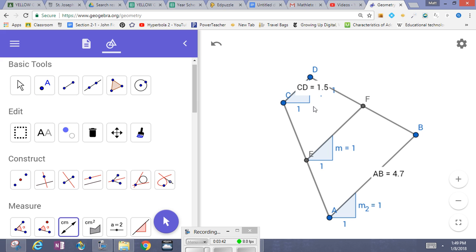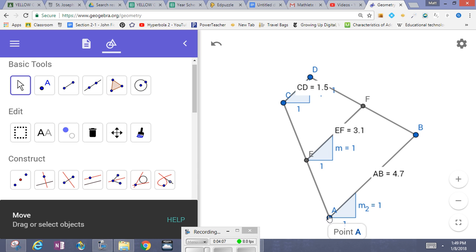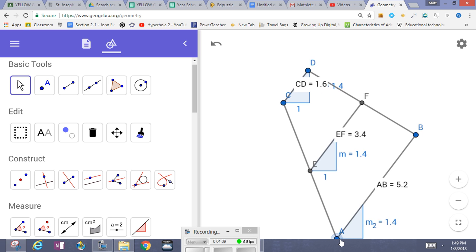Now, if I add those two together, 4.7 and 1.5 added together is 6.2, and half of 6.2 should be the length EF, which is 3.1. So that confirms that the mid-segment is parallel to each base and half the sum of their lengths.